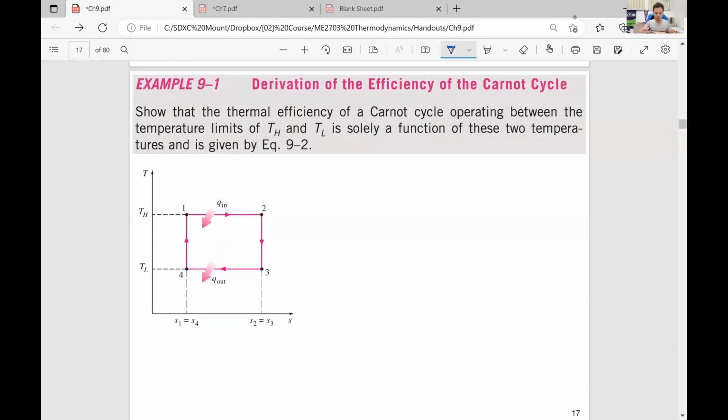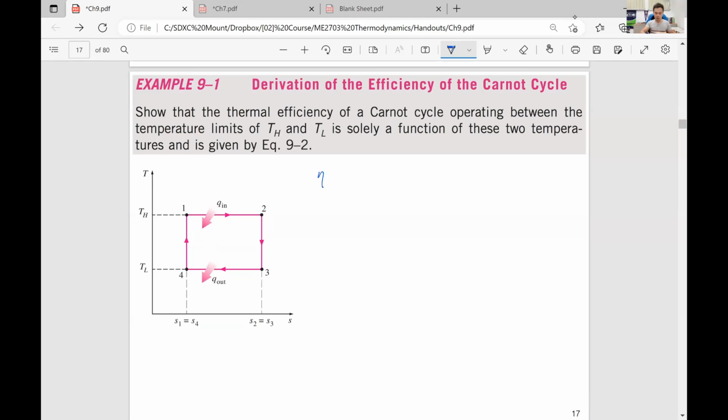So show the thermal efficiency of a Carnot cycle operating between the temperature limits of TH and TL. It's solely a function of these 2 temperatures. Exactly the same example as what we have learned in chapter 7, right?